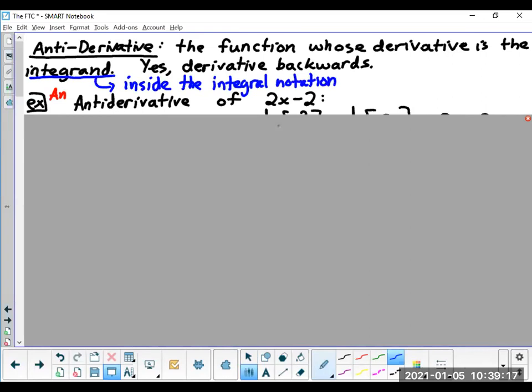First, while you're writing this down, I want you thinking about, okay, what function has a derivative that is 2x minus 2? I just want you to write your guess on your paper. That's all I'm asking you to do.